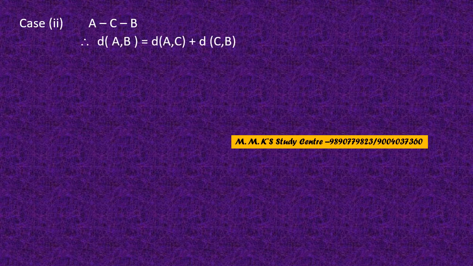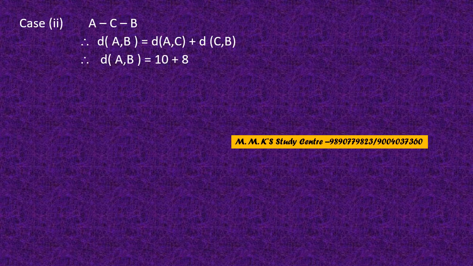We will continue with case 2, children. In case 2, we will bring C between A and B. So our betweenness is A-C-B. According to that we will write distance AB is equal to distance AC plus distance CB.